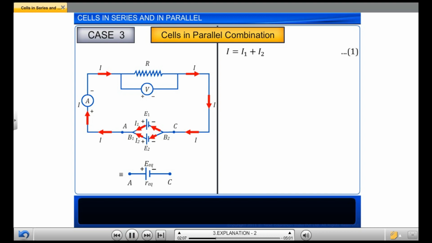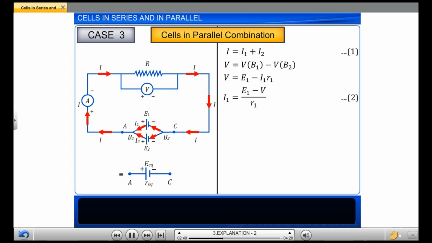The potential difference between points B1 and B2 taken across cell 1 can be written as V is equal to VB1 minus VB2. V is equal to E1 minus I1 into R1. Rearranging the terms, we can write I1 is equal to (E1 minus V) divided by R1. Let this be equation 2.